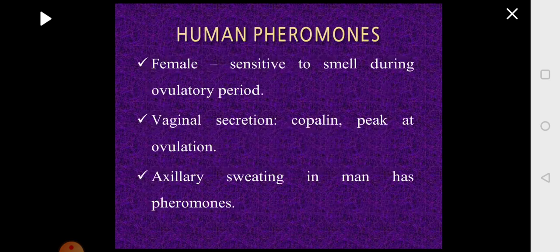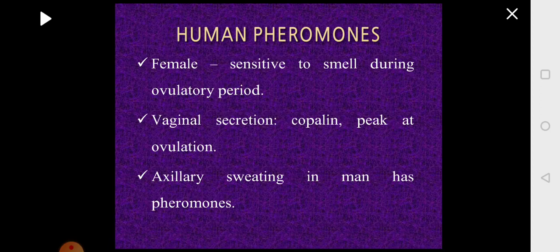Humans also do produce pheromones, but it is seen only during the ovulatory period. If you look at the menstrual cycle of the female, ovulation will happen at around the 14th day in a normal 28-day cycle. At that period, the female will produce a pheromone to attract the male.